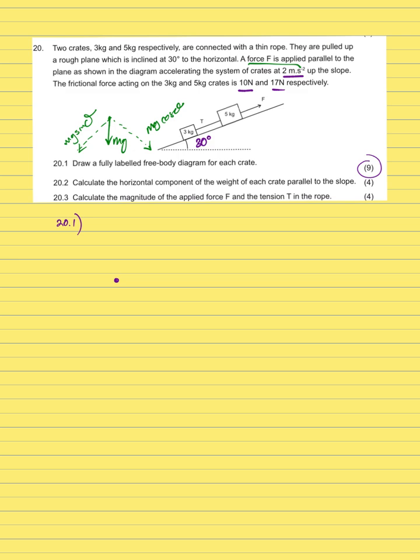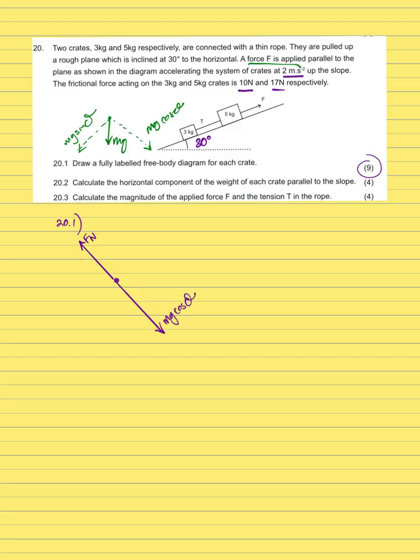I know that because it's on an incline, I must have component forces. All right, and it's on a surface, so I gotta have the normal force on the top, and then I've got to have the force directly underneath it. So up here I have F normal, and down here I have mg cos theta.